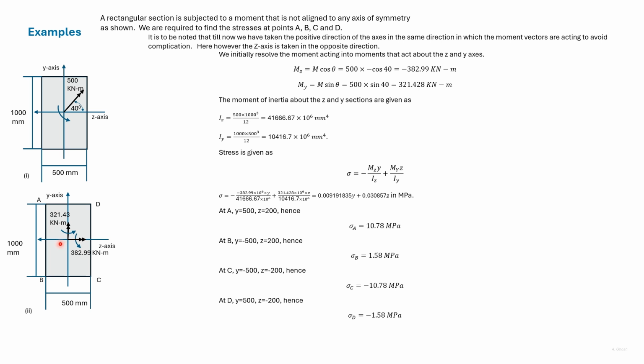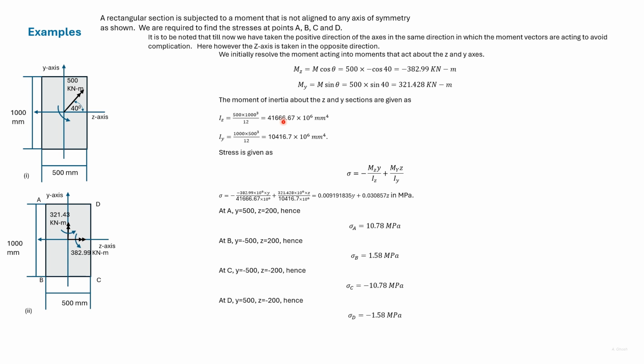But here, the direction of the moment vector is not aligned with the positive direction of the z-axis. So, Mz that we have found out using M cos theta is a negative moment. My is a positive moment.